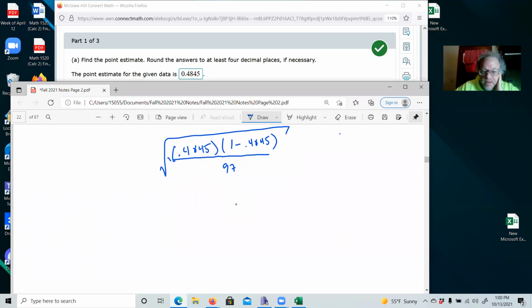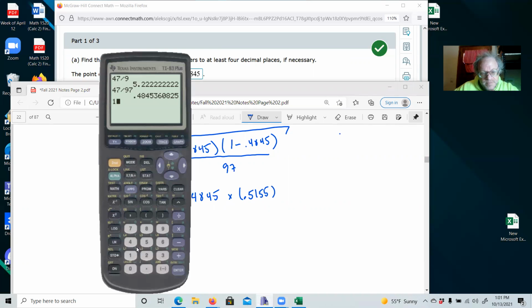So first thing, 0.4845 times, well, 1 minus this, right? That's going to be 0.5155. Okay, so again, all I'm doing is making change. 0.4845, all right, 0.5155.